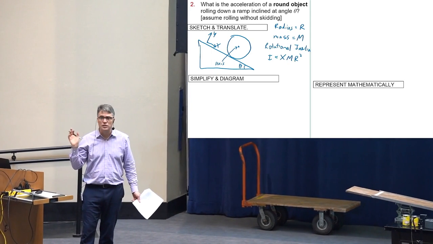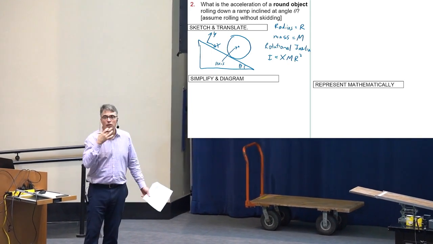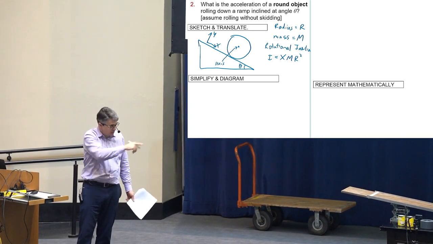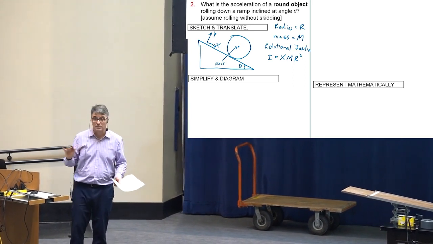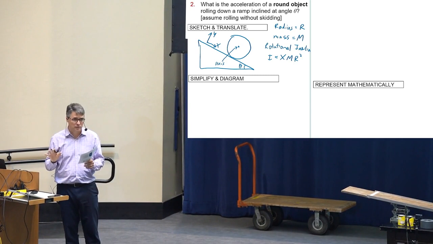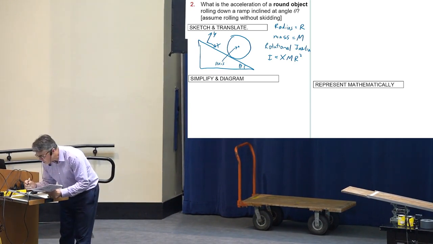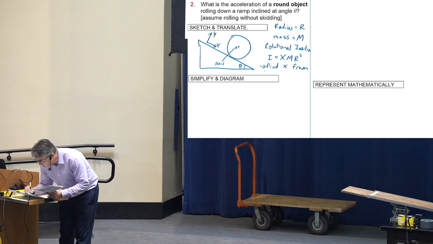It could be 2/3 if it's a basketball, 2/5 for a bowling ball, or 1/2 if it's a solid disc. This way we'll get a nice, useful general answer. Any time you have a round object, you can put this on your A sheet: find x from table 9.3.